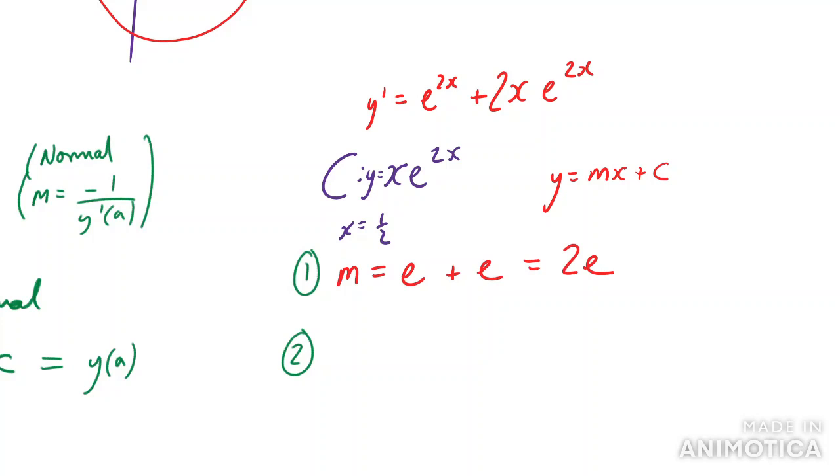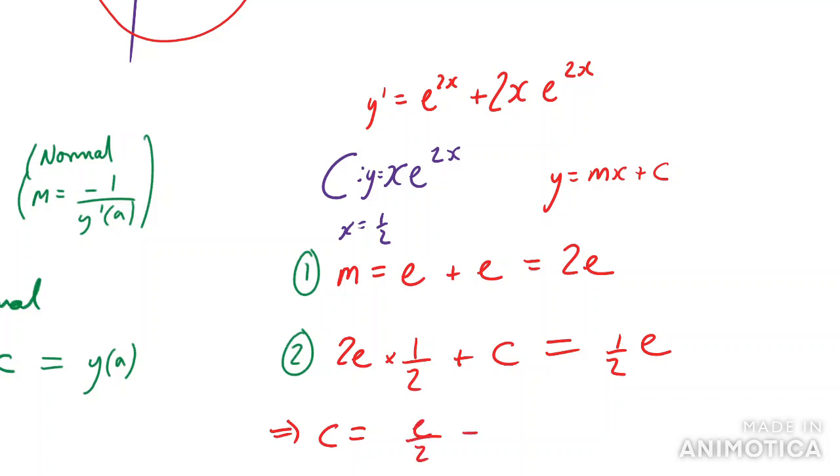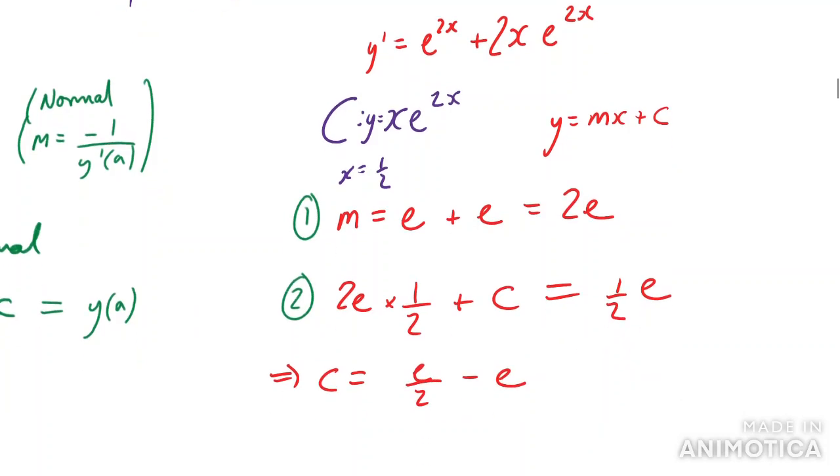And we also know that the y values are equal. So using that, summing our m value in, we've got that 2e times a half, because that's our x value, plus c must be equal to whatever our y value for the curve is. So that's just half e. And so that's told us that c is equal to e over 2 minus e, which is minus e over 2.